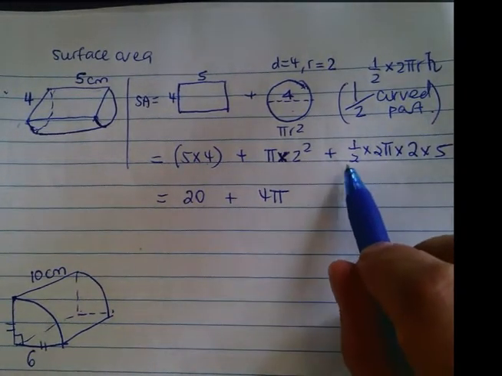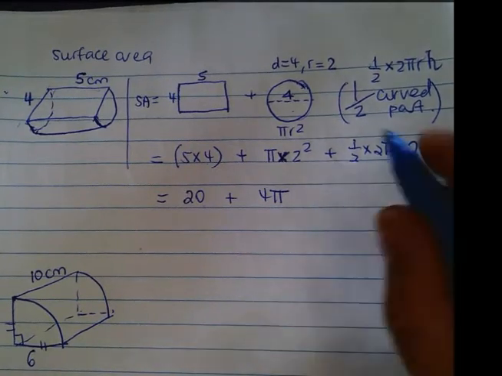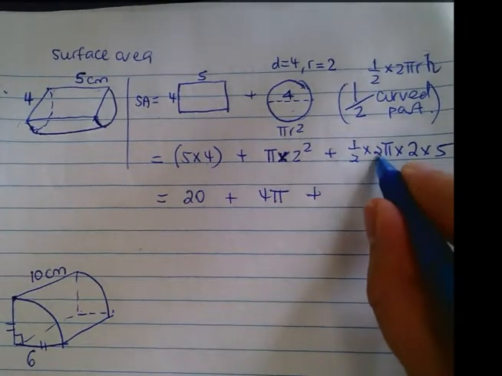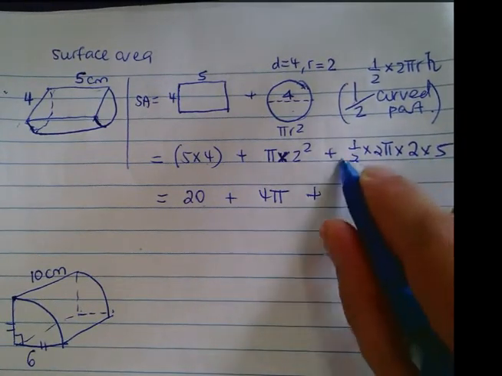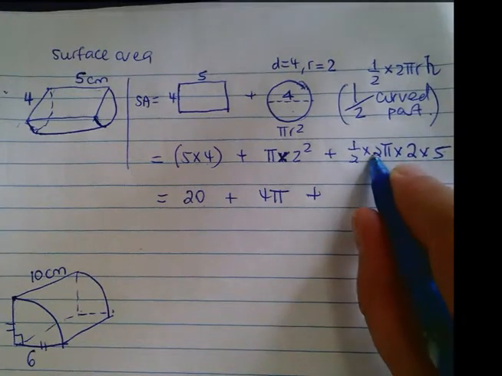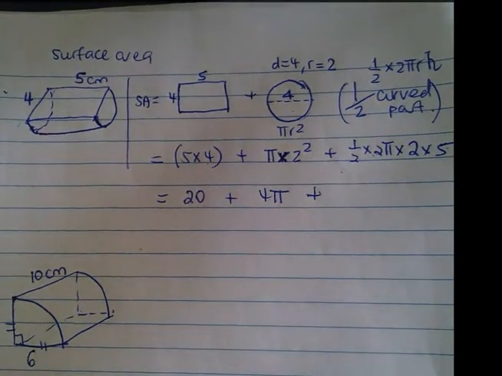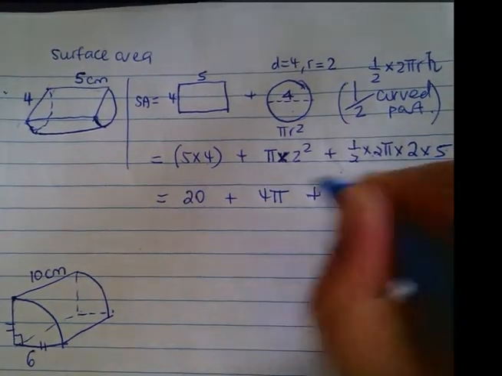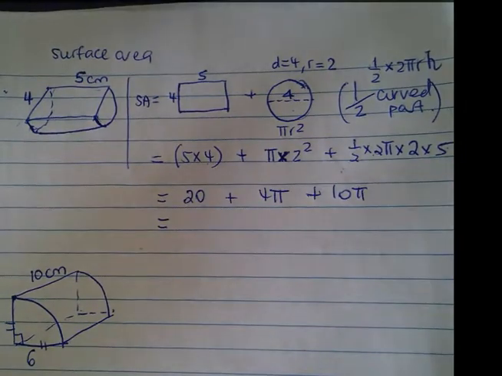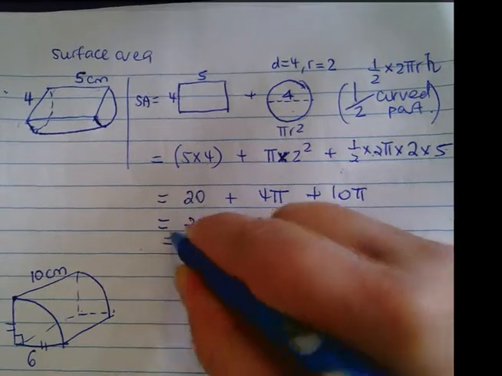Now, girls, what's a half of, well, no, nearly. Be careful. A half of 2. Or you can do 5 times 2 is 10, a half of that is 10. When you see a half times 2, just wipe it out. A half of 2 is 1. So it's 10 pi. Notice I haven't even used a calculator. So what is it? 20 plus 14 pi.